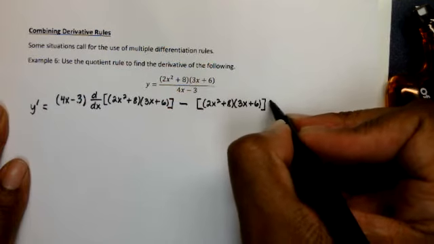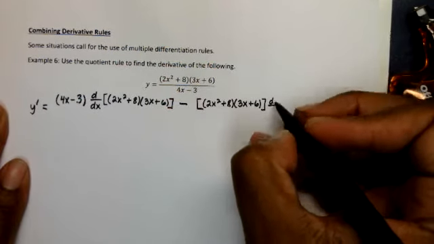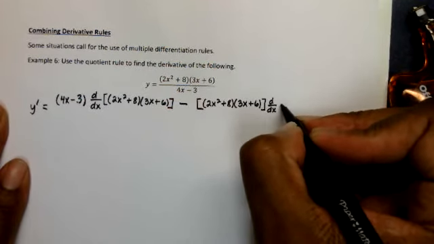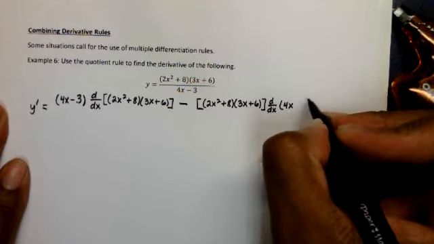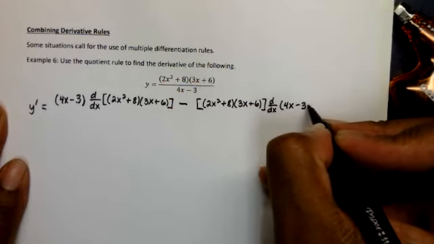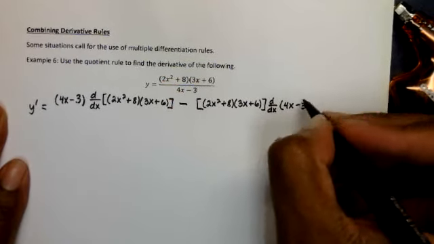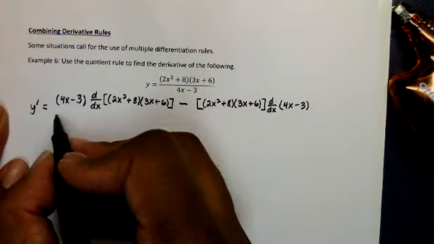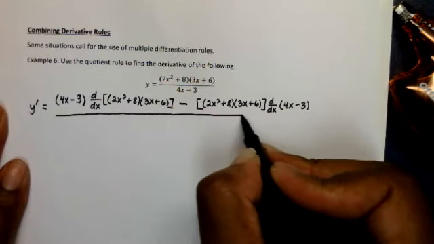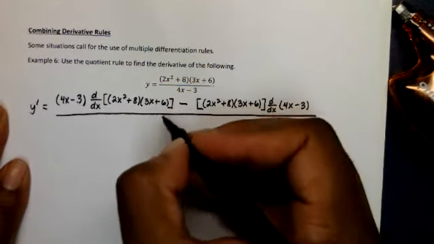And that's multiplied by the derivative of the low, which is 4x minus 3. And all that's going to be divided by the square of the low.